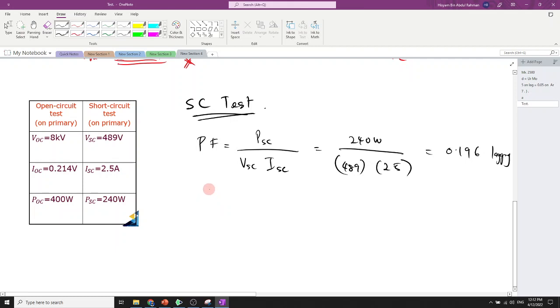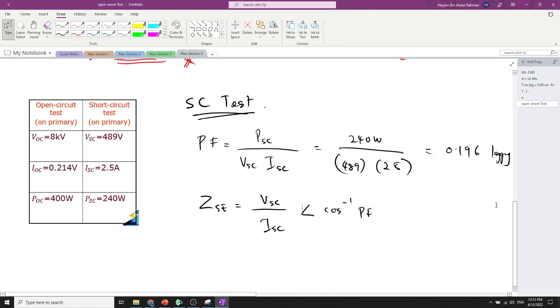And then calculate the theta. Ataupun kalau you tak nak tulis theta pun, tak nak calculate theta dulu pun tak ada masalah. You can directly go to the Z. Z short circuit equivalent is VSC divided by ISC, and then you can directly put the cos inverse of PF.